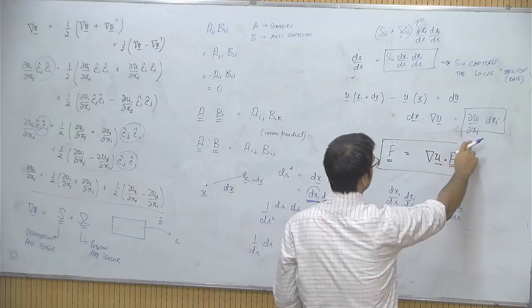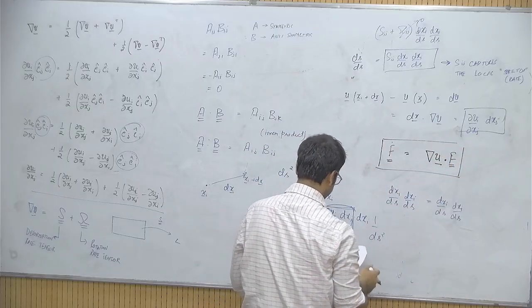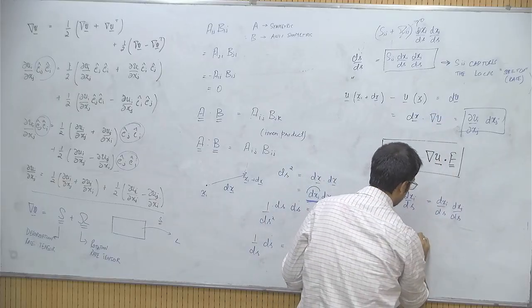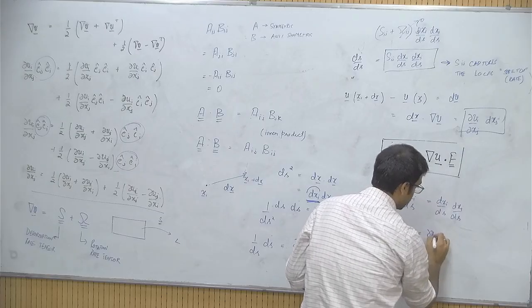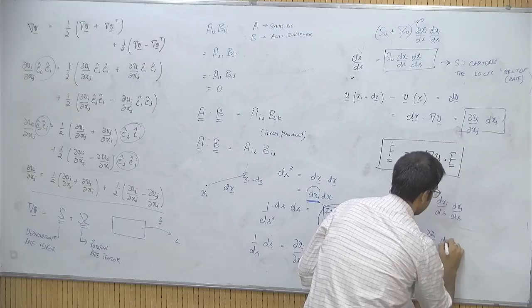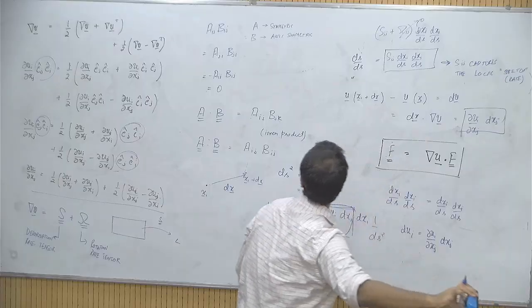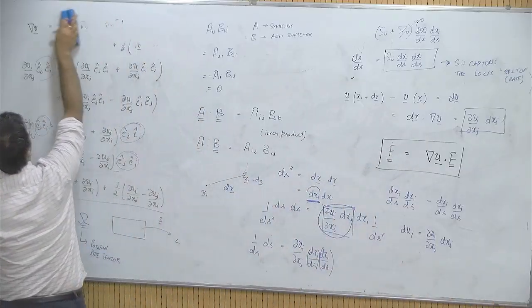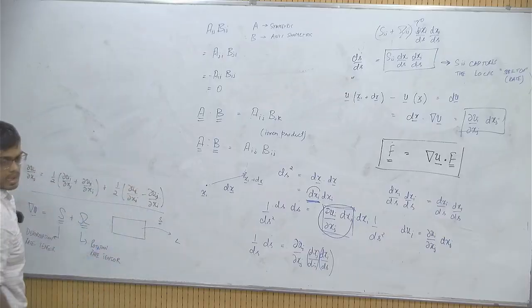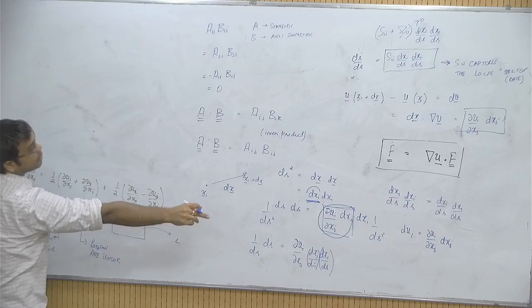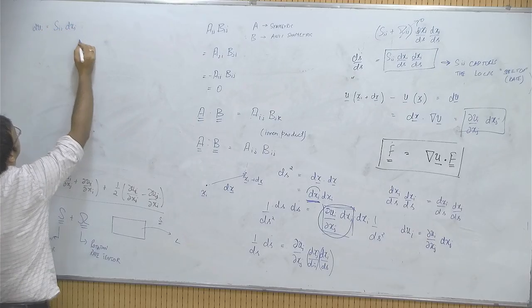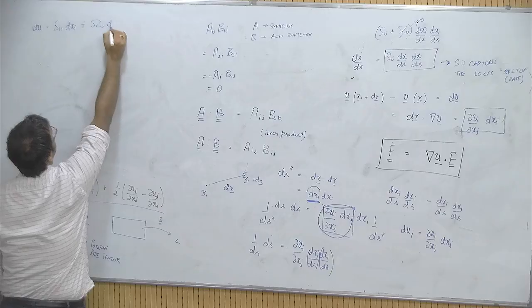Now let us break it into two components. Del ui by del xj we know is going to be, so du, let's write this using index notation as dui is del ui by del xj times dxj, which is equal to, so dui I can write as sij dxj plus omega ij dxj.